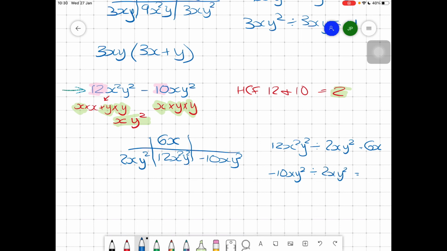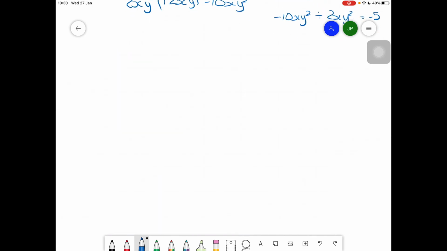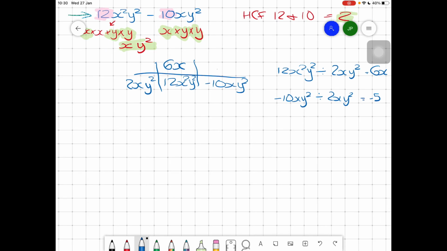Minus 10 divided by 2 will give me negative 5. X divided by x is 1. Y squared divided by y squared is 1. So I just have a minus 5 left. So my final answer comes from 2xy squared, open my brackets, 6x minus 5.